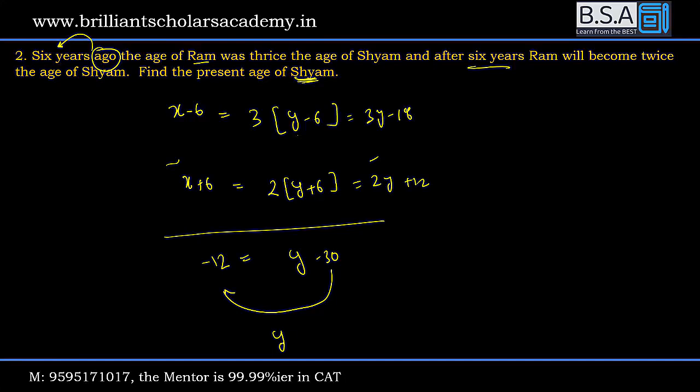Transfer it, y is equal to 30 minus 12, y is equal to 18 years old. What is present age of Sham? Very childish questions. Why are they here? Very simple questions, just for practice.